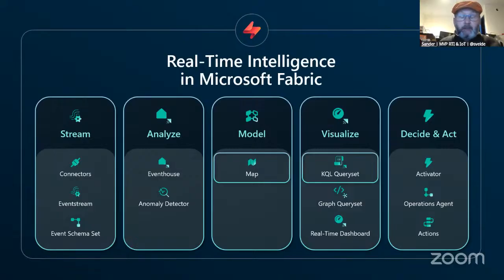Customers are figuring out that there's this real-time intelligence part in Fabric, so I can work with a time series database, as seen in the database part, Eventhouse, in analysis, and we can work with data ingestion with Eventstream. And we can work with Maps or with KQL query sets, or with real-time dashboards to visualize and query the data. And we can use Activator to act on stuff that's happening.